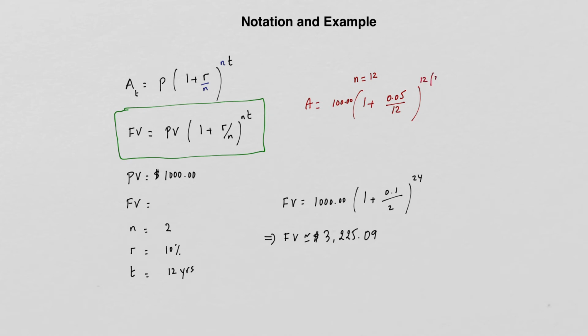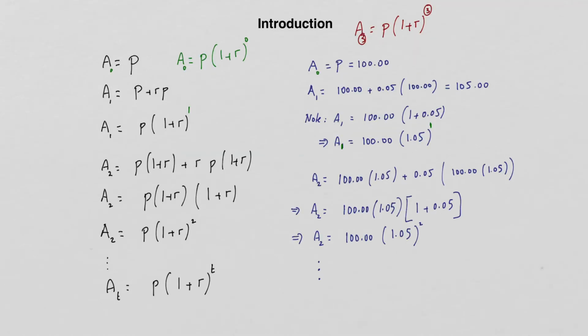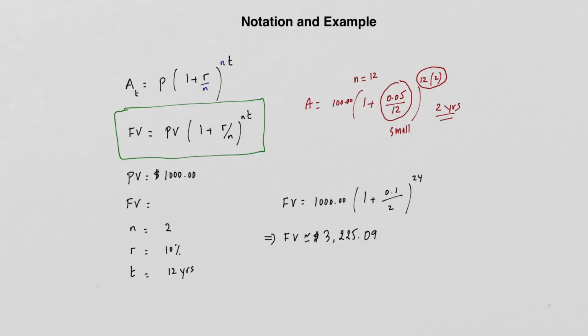So let's say I invest for 2 years. It's true that the rate will be divided by 12, which is a very small number. But instead of having 2, as in here, I'm going to have 24. Why?